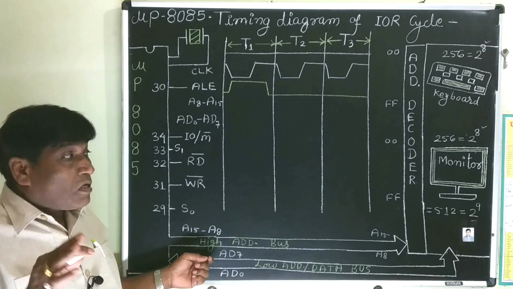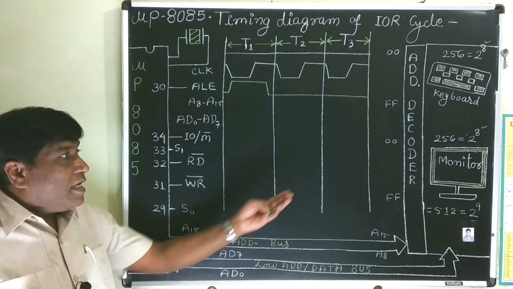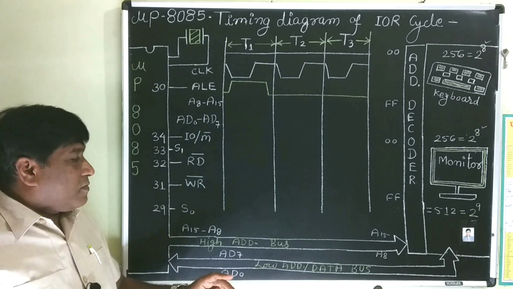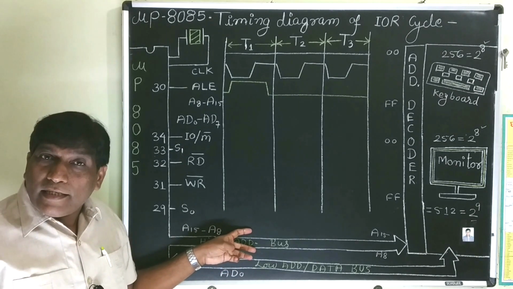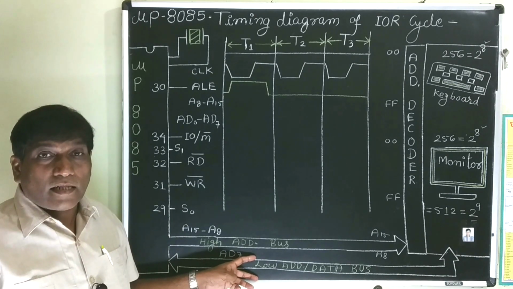Now the question is, what is the need of extracting the address? Because only 8 address lines are required, it is not strictly required. We may use the upper address lines, or we may use this. A latch is already there for extracting the address.